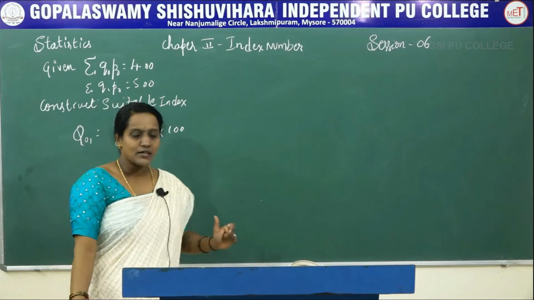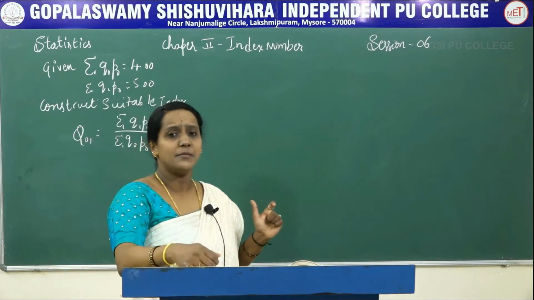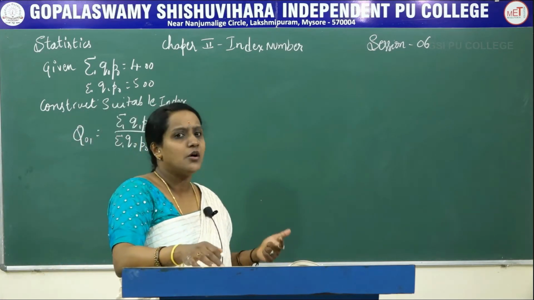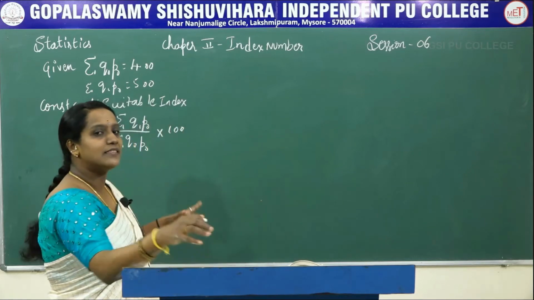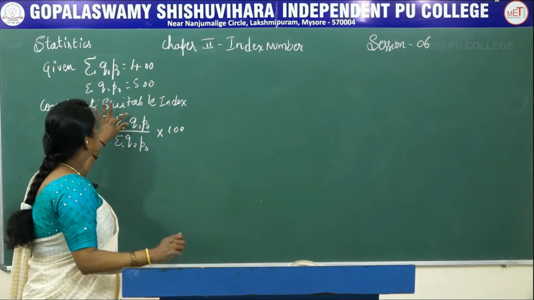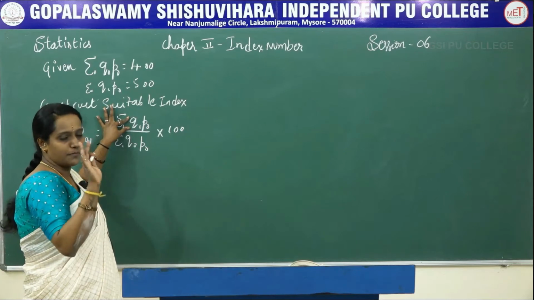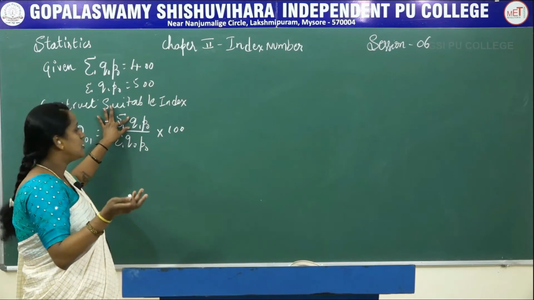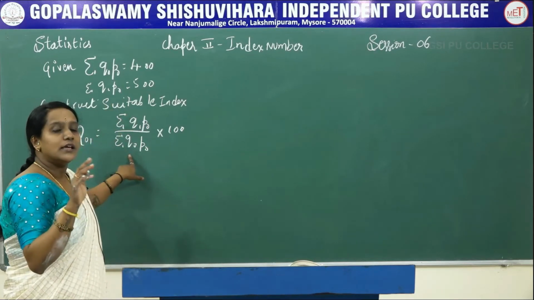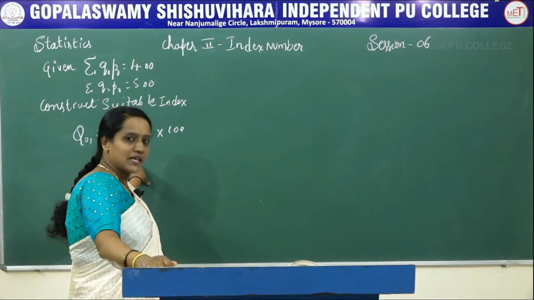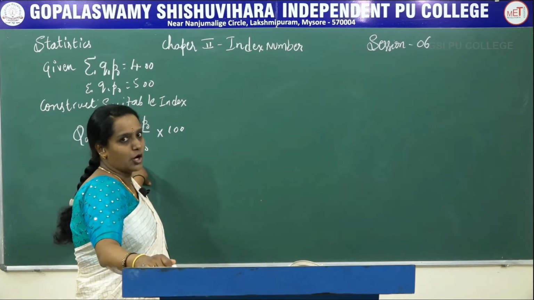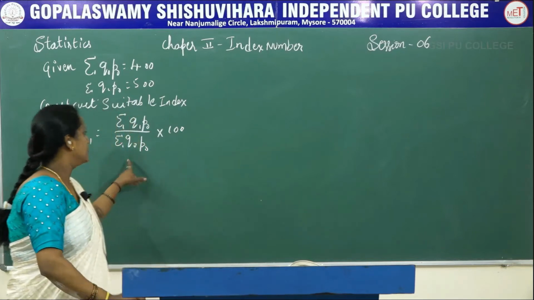As we know, always the price relative or quantity relative, we should write in the form of P1 by P0 or Q1 by Q0. P1 by P0 is the price relative, Q1 by Q0 is the quantity relative.